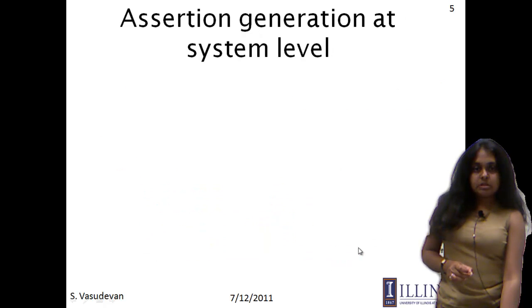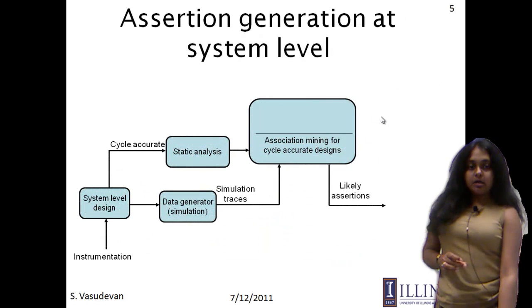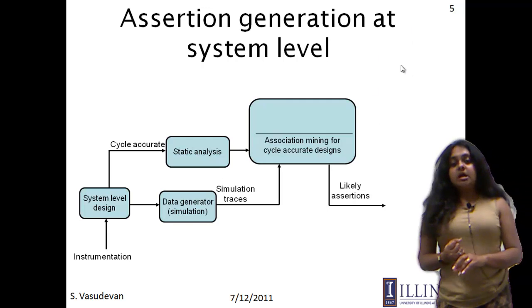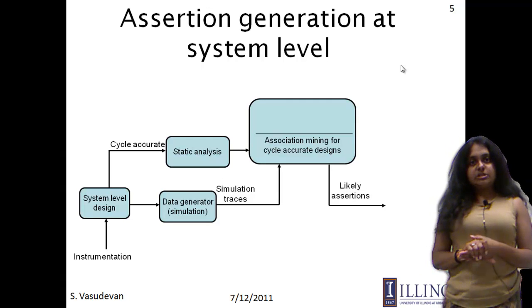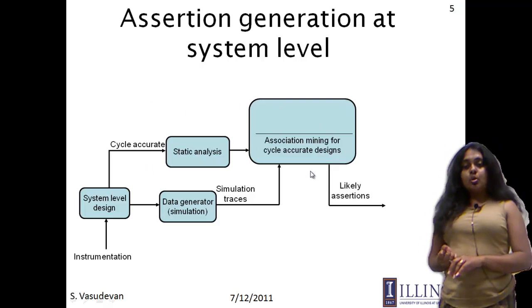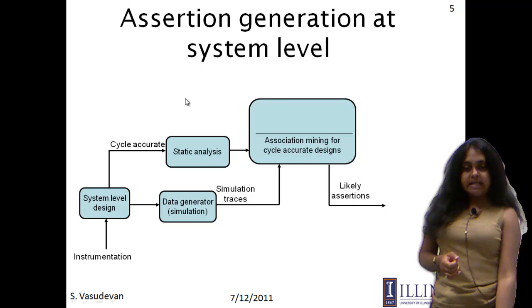So let's look at the flow of how this assertion generation is done for both these flavors of system design models. For the cycle accurate model, the flow is very similar to the Goldmine approach for RTL designs.